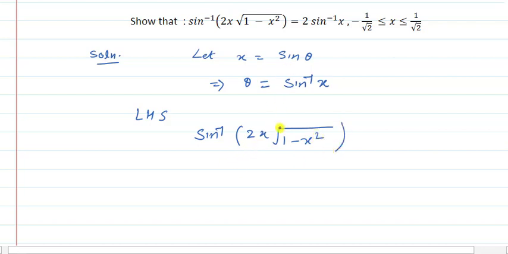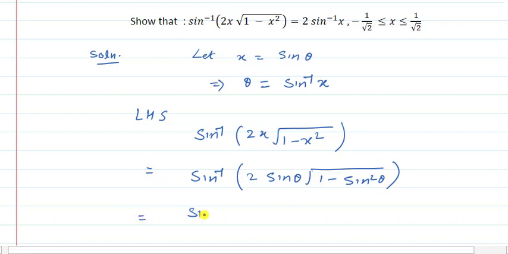Putting x is equal to sine theta over here, we are getting sine inverse 2 sine theta into square root of 1 minus sine square theta. Clearly, this can be written as sine inverse 2 sine theta into cos theta, because 1 minus sine square theta is cos square theta and root of it is cos theta. Better to write here, put x is equal to sine theta and then proceed.